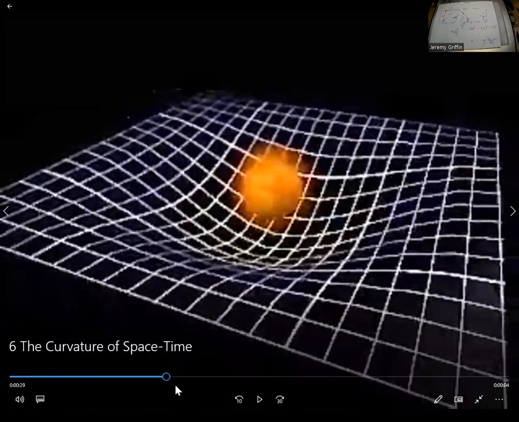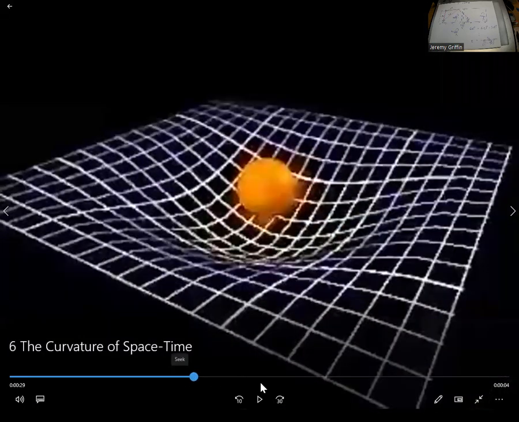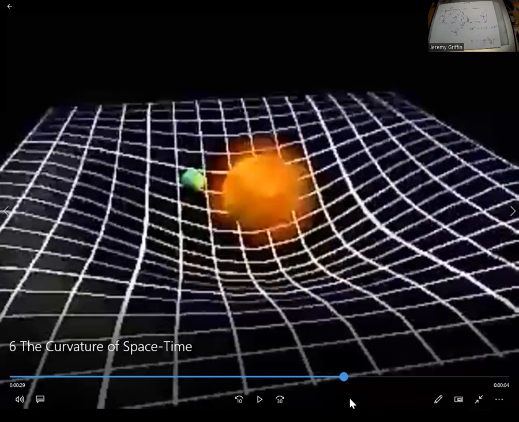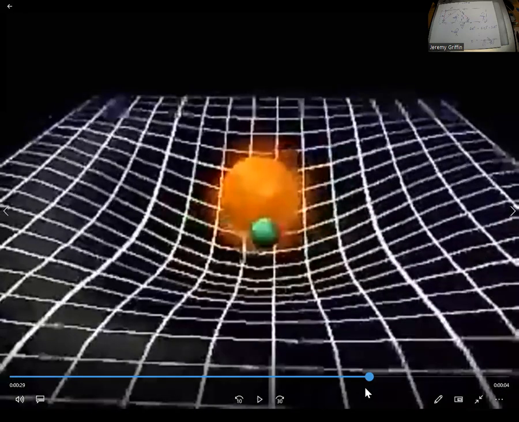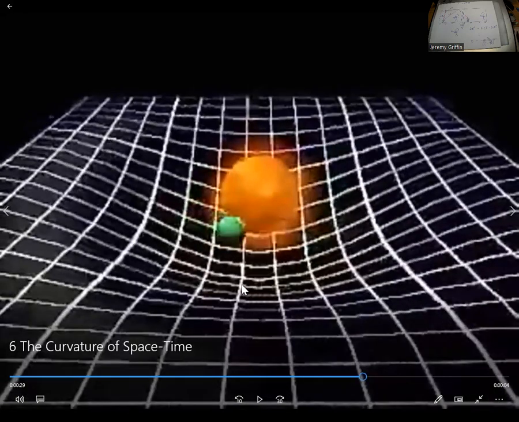One of the examples in history was the orbit of the planet Mercury, which has a weird perturbation that Newtonian physics would not have predicted. Newtonian physics could predict where all the planets should be, and it worked out for Venus, Earth, Mars, Jupiter, but Mercury had this weird perturbation.